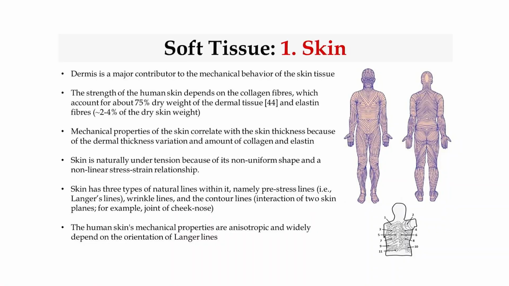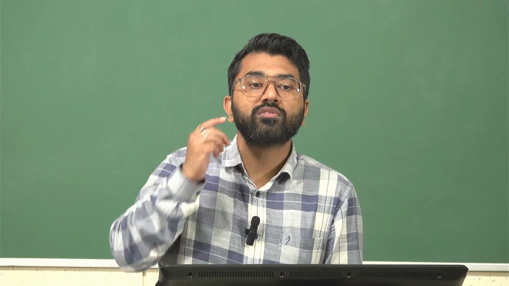The next is contour lines. Contour lines are where you have interaction of two skin planes, right? For example, the joint of cheek and nose. So all these different contours, wherever I have a different tissue, like for example my nose, my eyes, wherever my ears start, all these lines which clearly demarcate my different organs or different undulations on my body are known as contour lines.